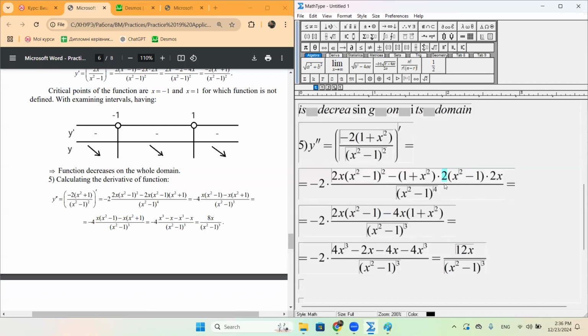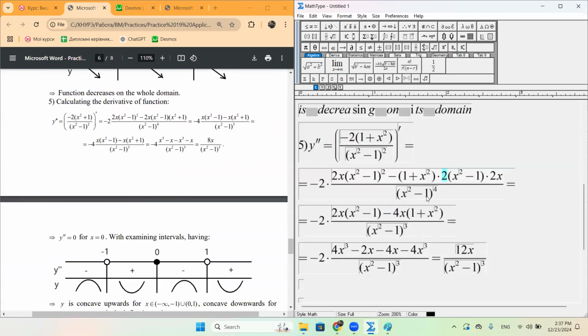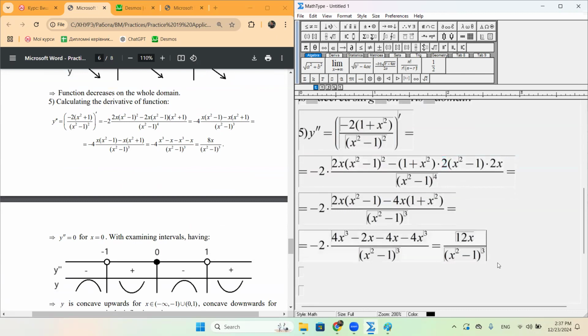I lost 2 here. Or not? Yeah, I lost it. So here is not correct, but we solved correctly.